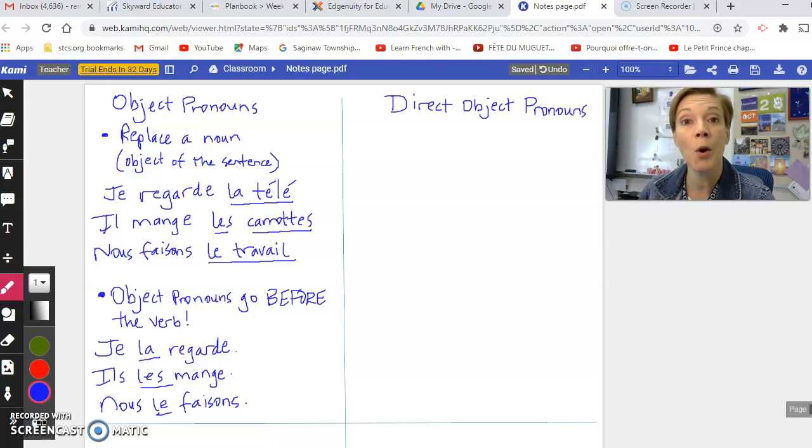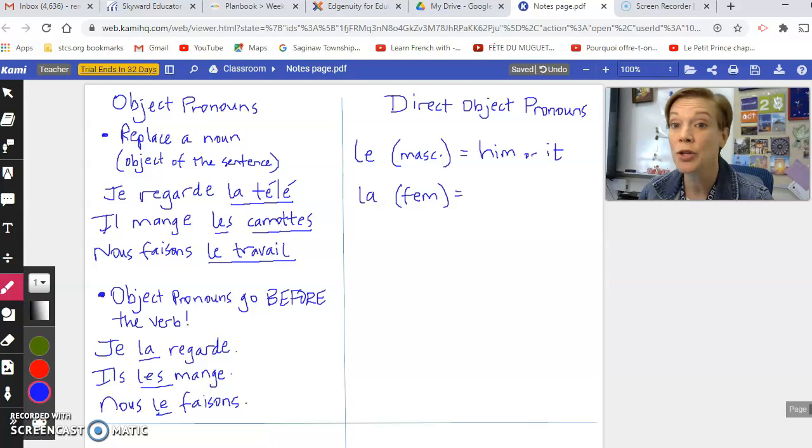There are 3 DOPs in French. The first one, you guessed it, le. Le is, of course, masculine, and it means him or it. What's the next one, class? La. You've got this figured out. La is feminine, and it means her or it, depending on what you're talking about.